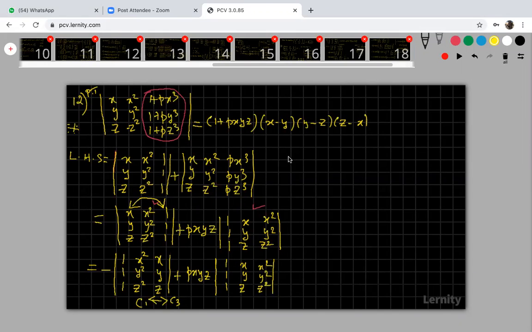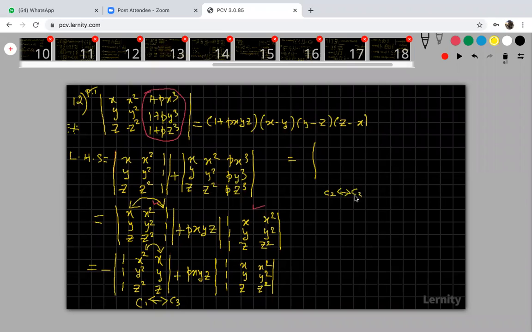So now come to that. Again, look at these two determinants. My first column is 1, 1, 1 in both, it is okay. But look at the second column: here it is x square, y square, z square, but there it is x, y, z. That means I'm going to interchange these two columns also. Interchanging C2 and C3, in the first determinant only, not in the second determinant.